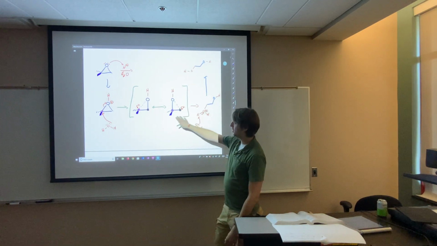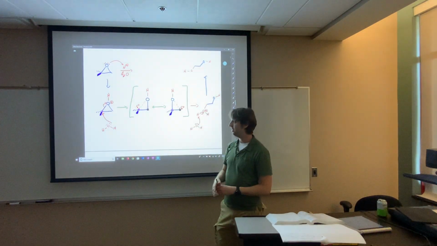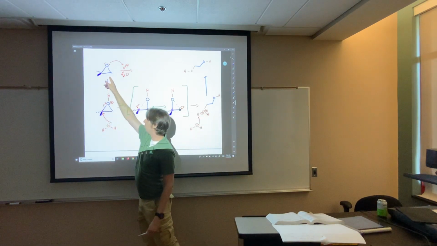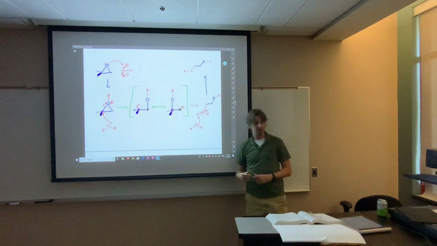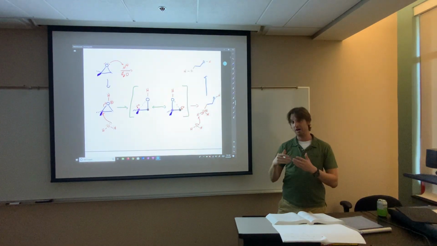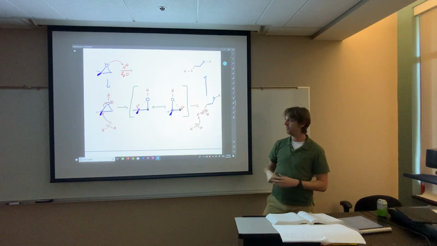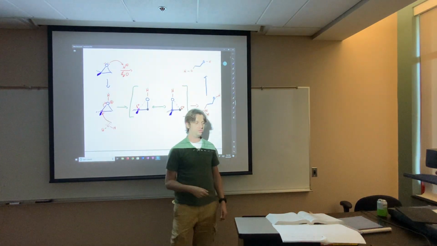So the green bracketed part is there for the explanation of what's going on behind the scenes. If I asked you to draw the mechanism for this, you would just follow from here to here, from here to here, and then there to there. That's really all we need to show for this, because under acidic conditions, the ring is going to open by having the incoming nucleophile attack at the more substituted side.